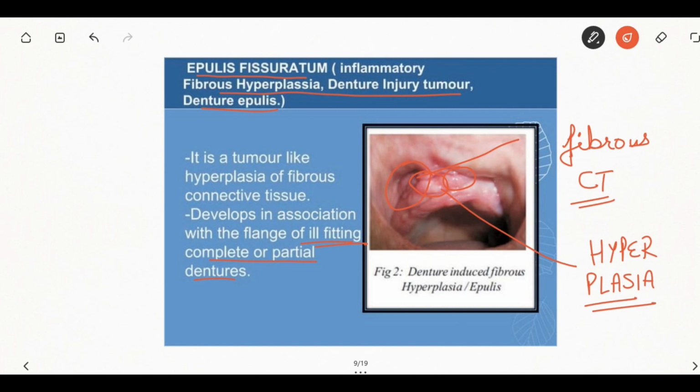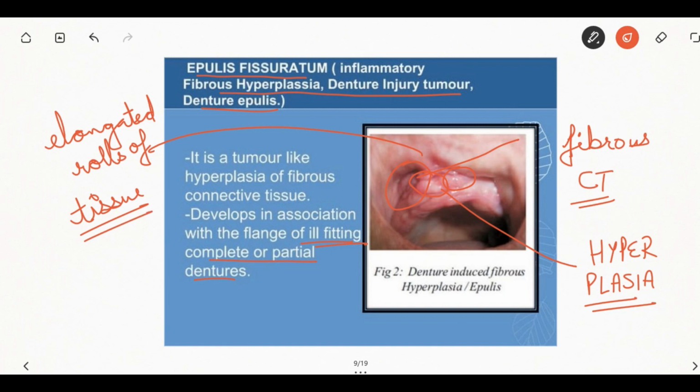So in the inflammatory hyperplasia, what you will see is that it is the result of denture injury, and it is characterized by development of elongated rolls of tissue. Similarly, you will see a development of elongated rolls of tissue in the mucolabial or mucobuccal fold, into which the denture flange conveniently fits.